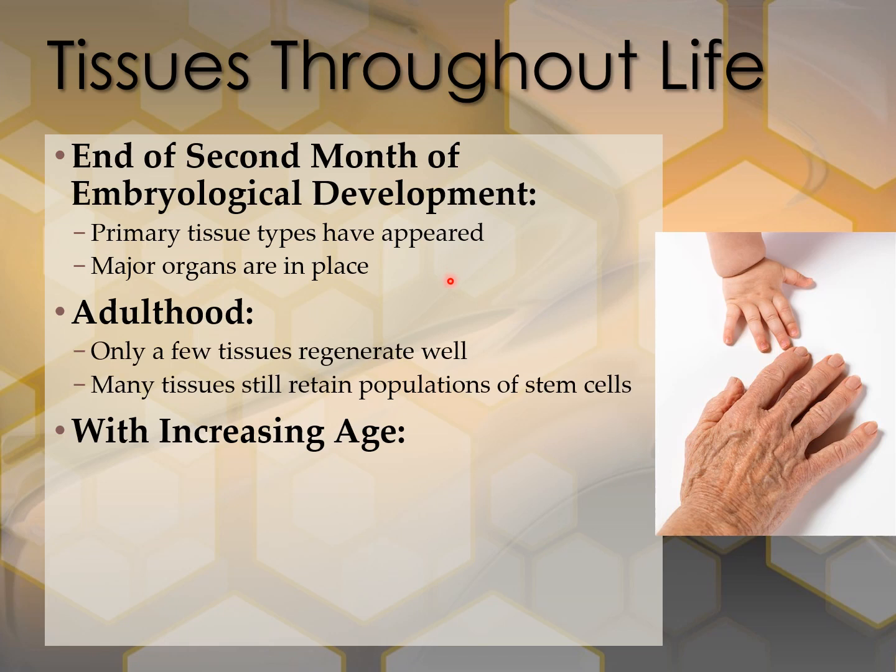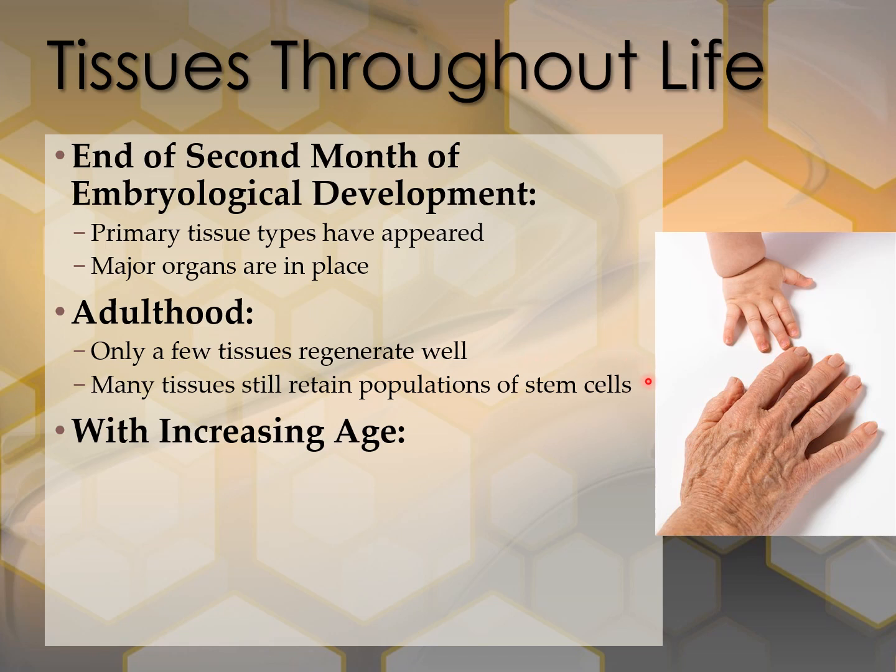This is very interesting, and you can take whole courses on developmental biology and embryological development, but just to get an idea, early on we're getting these tissue types and these organs in place.